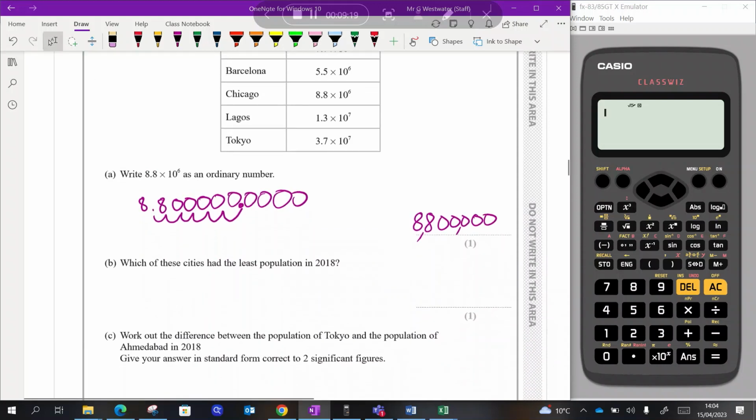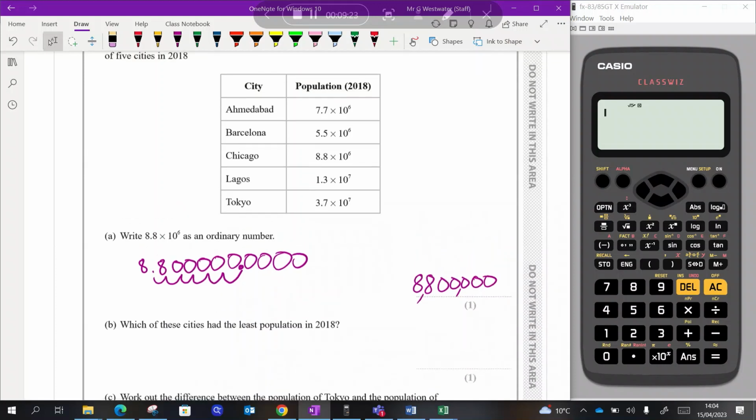Okay. Which of these cities has the least population in 2018? So here we're looking for the lowest power of 10. So we've got 3 times 10 to the power of 6, because even though this is a smaller number, because we're timesing it by another 10, it's going to be 10 times bigger than 1.3 times 10 to the 6, and therefore bigger than any of these other values. Think about 3 versus 13.